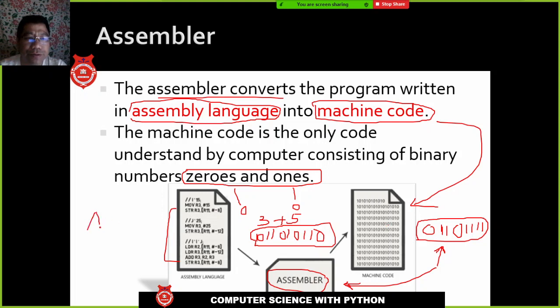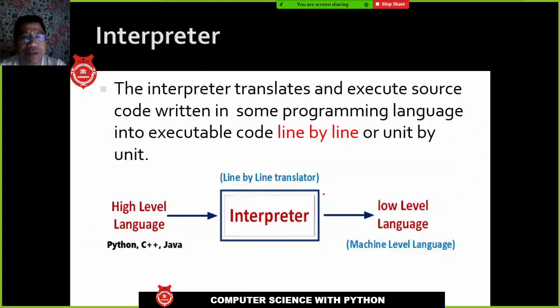In order to instruct the computer to add two numbers 3 and 5, the command add may be used: add 5 comma 3, or 3 comma 5. This is the assembly programming code, which is a bit simpler and easy to understand. Okay, this is known as assembler. I think I spent too much time on this assembler. I hope you understand. Let's go to the next one.